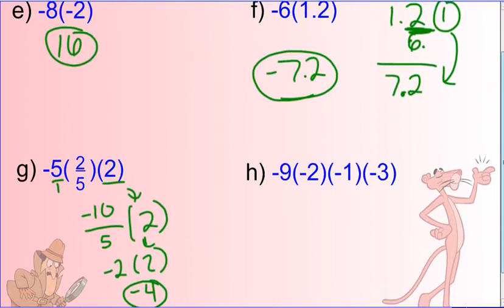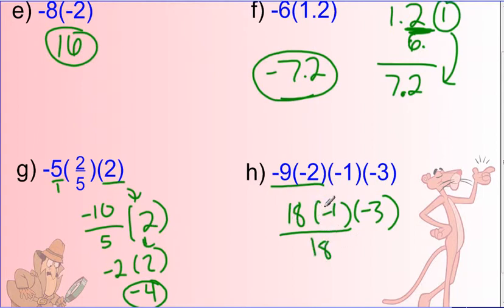And lastly, letter H. We're going to take our negative 9 times our negative 2. Negative 9 times negative 2 is 18, and the signs are the same, so it's a positive 18. Okay. And then negative 18 times negative 1. 18 times 1 is 18.